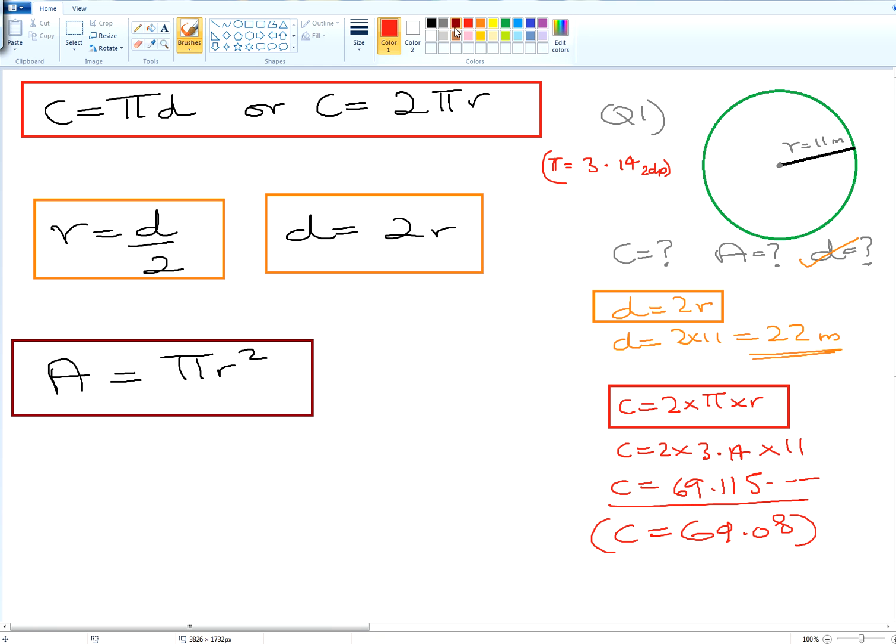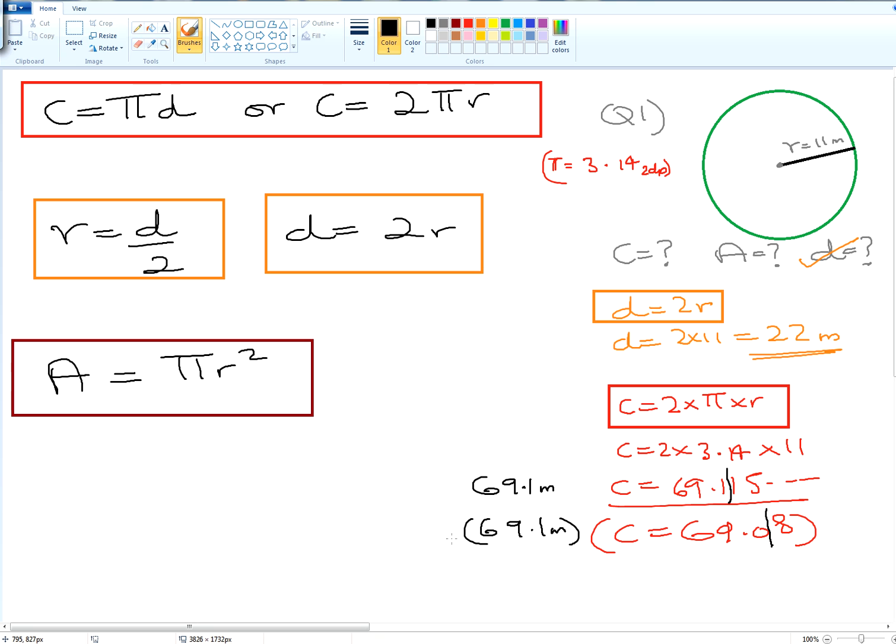If you round both of these numbers off to 1 decimal place, that gives us 69.1 meters. If you round this off to 1 decimal place, that will also give you 69.1 meters. So it works out the same answer for both in this particular instance, but not always.